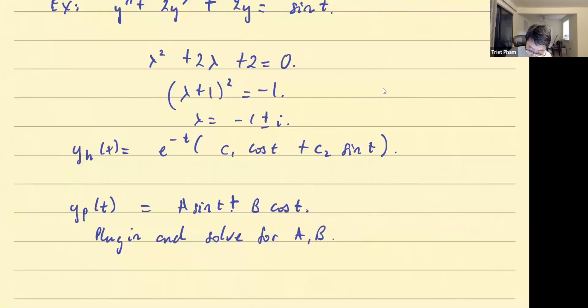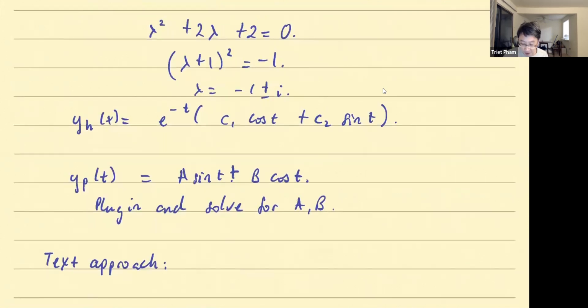But the textbook approach is like this. Basically, they go with the glorious name of complexification. I think that's too dramatic, but anyway.